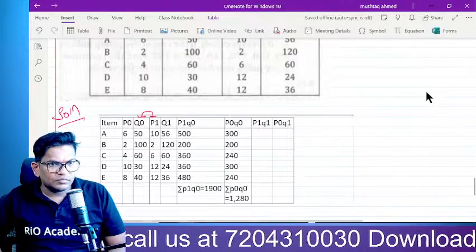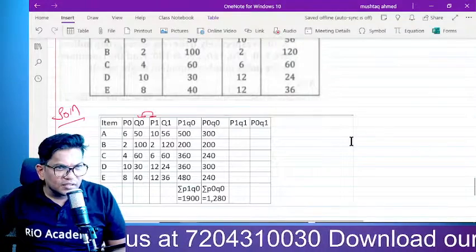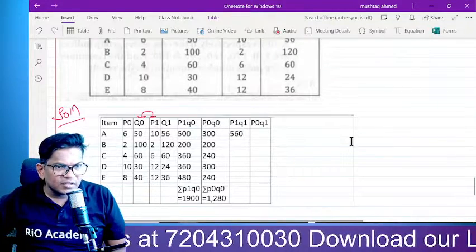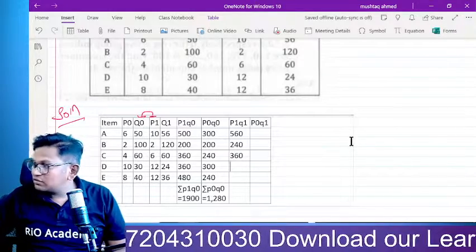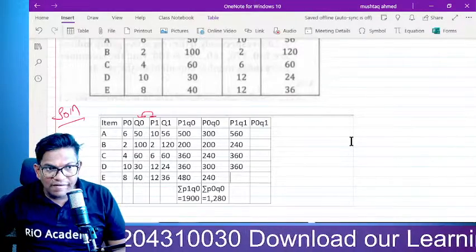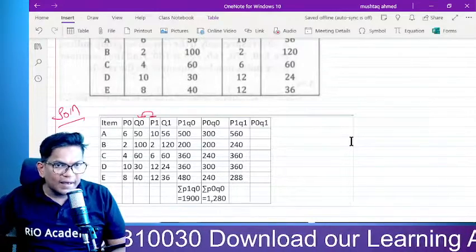Next. 560. 240. Okay. 360 multiplied, 360. 288. 288. Add this.